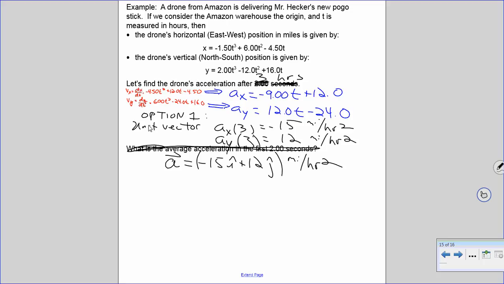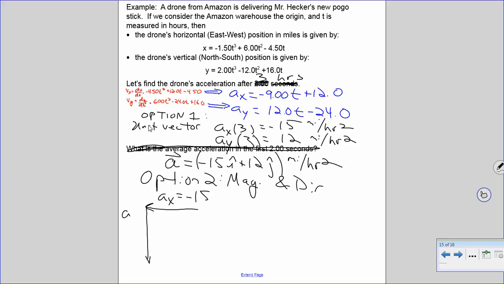Okay, so now I can do option 2, which is magnitude and direction. So basically I know that I've got a horizontal component of negative 15 and a vertical component of 12.